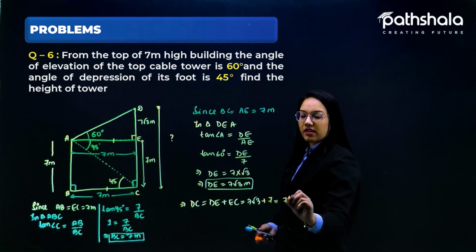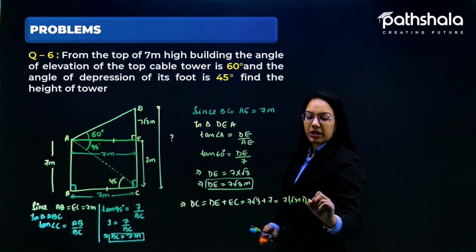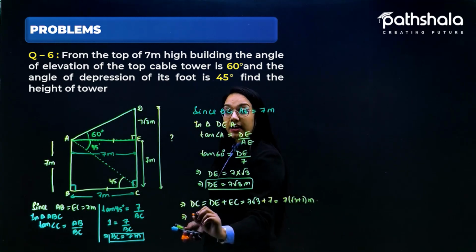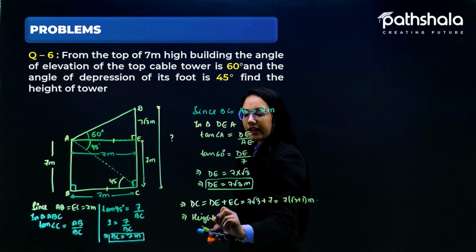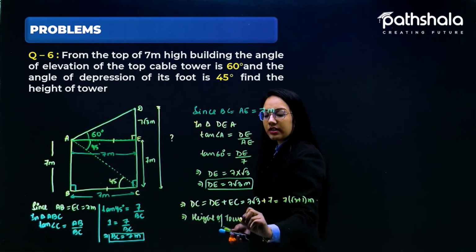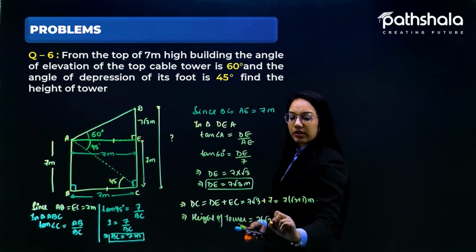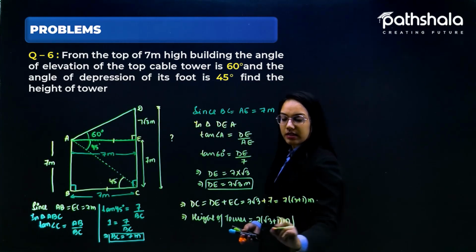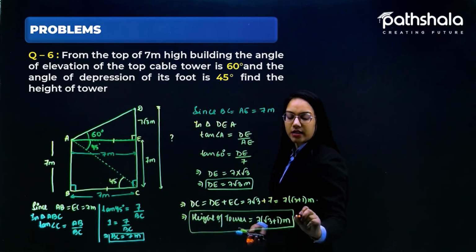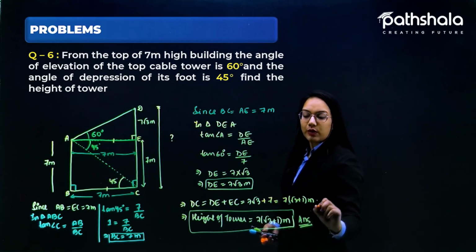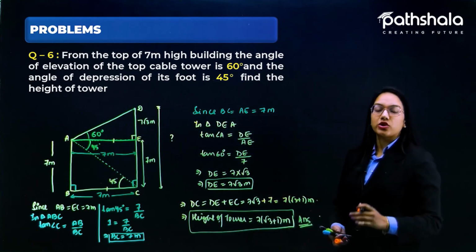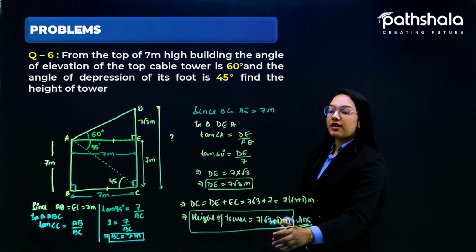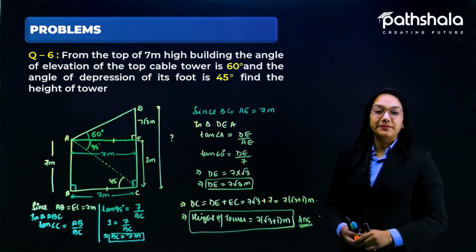So the value is 7 root 3 plus 7 meters at the end. Hence the height of the tower is 7 root 3 plus 7 meters. This is the answer to this particular question. So the answer to question number 6 is 7 root 3 plus 7 meters.